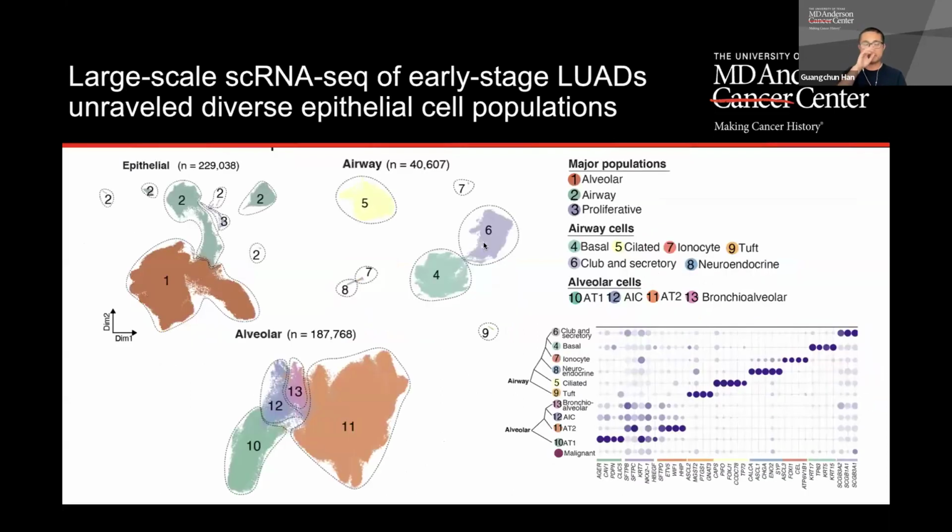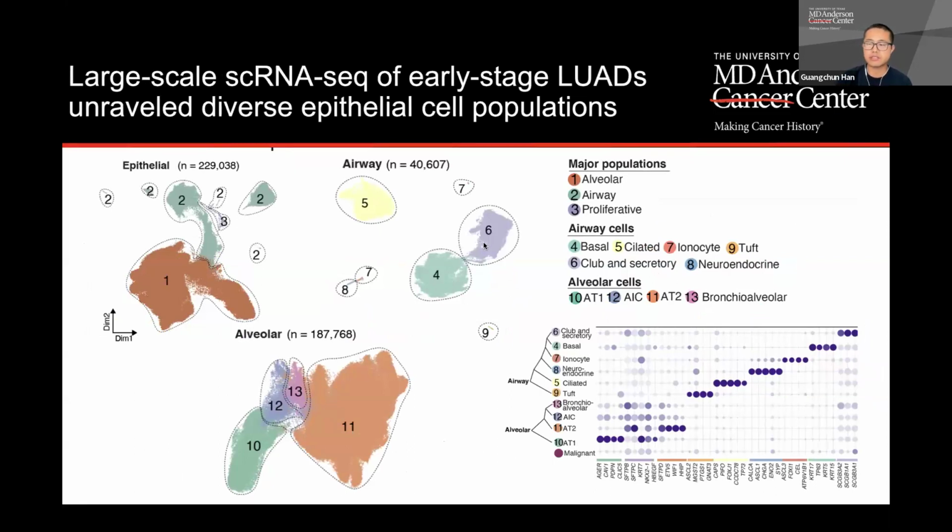All right, so the first part of this study, on this slide, provides a landscape or atlas of the single cell populations we have identified. In total, we captured around 230,000 epithelial cells. By further subclustering, we are able to divide them into airway cells and alveolar cells.